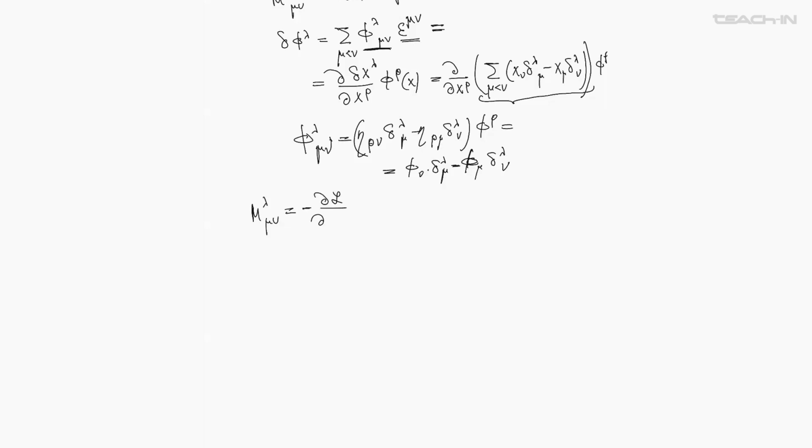And here there will be a longer expression: φ_ν δ^ρ_μ minus φ_μ δ^ρ_ν plus x_μ ∂_ν φ minus x_ν ∂_μ φ, bracket is closed, minus the Lagrangian density multiplied by x^ν δ^λ_μ minus x^μ δ^λ_ν.